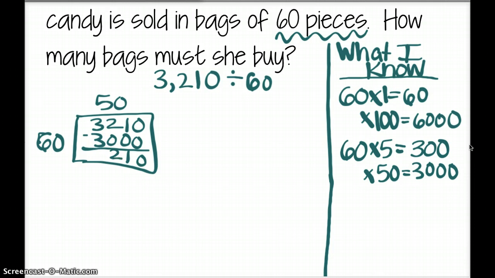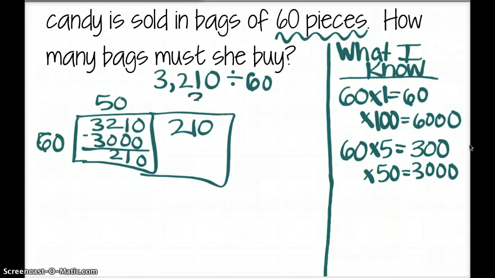You're going to put 210 in your new box. I know that 60 times 3 is going to give me 180. And then if I subtract, that gives me a remainder of 30.